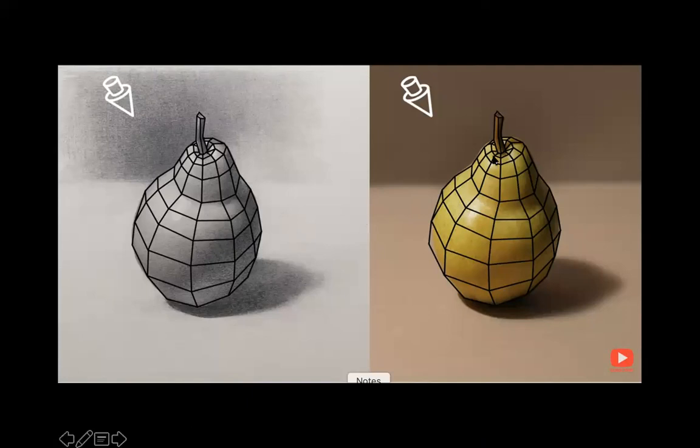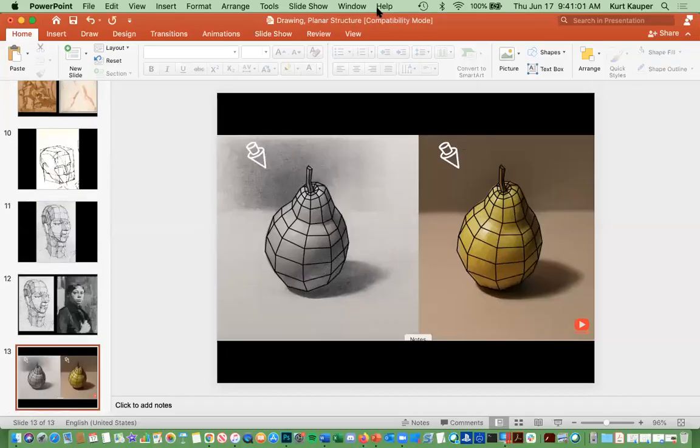Now, to be honest with you, I think that the planar structure the artist has used here is a little bit too generic. In other words, it doesn't quite correspond to the actual planar structure of the object that he's looking at, but it gives you some sense of how we're going to be thinking of planes. I'm going to be thinking about planes a little bit more related specifically to the object we're looking at.